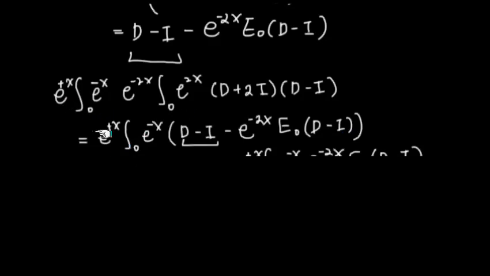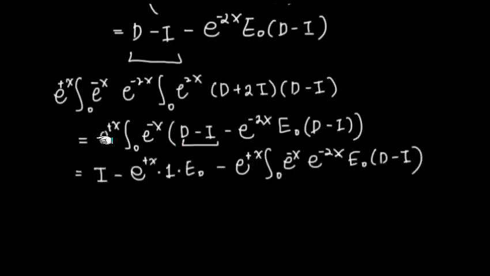So that's going to be distributed to that because these are linear operators. By that corollary, if this is applied to D minus I, it's I minus this whole thing, e to the positive x, that part becomes there, and e to the 0, an evaluation, and E0 is f0, that's this part, and that whole thing is operated on that part.